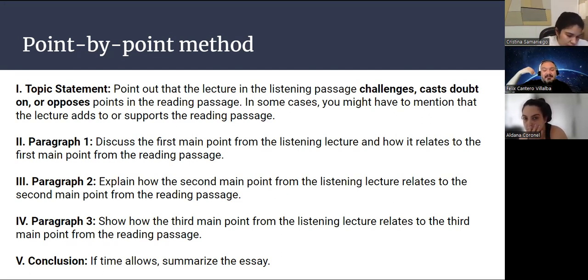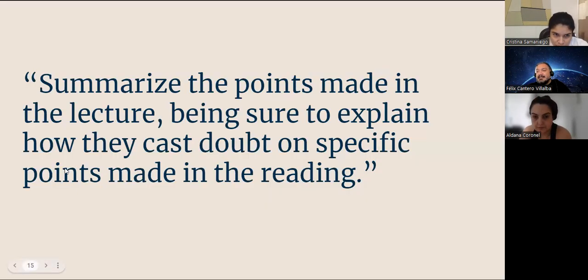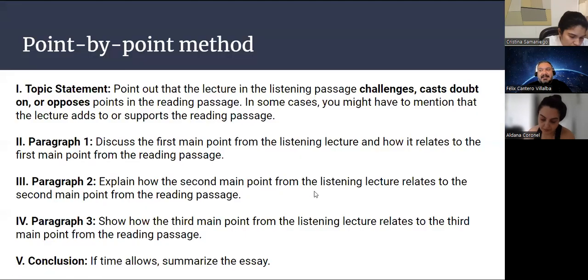And then, however, the lecture, and you use this verb, cast doubt. Why? Because the question has explained how they cast doubt. So you use that verb, and then again, a very short explanation of why it cast doubt, okay?